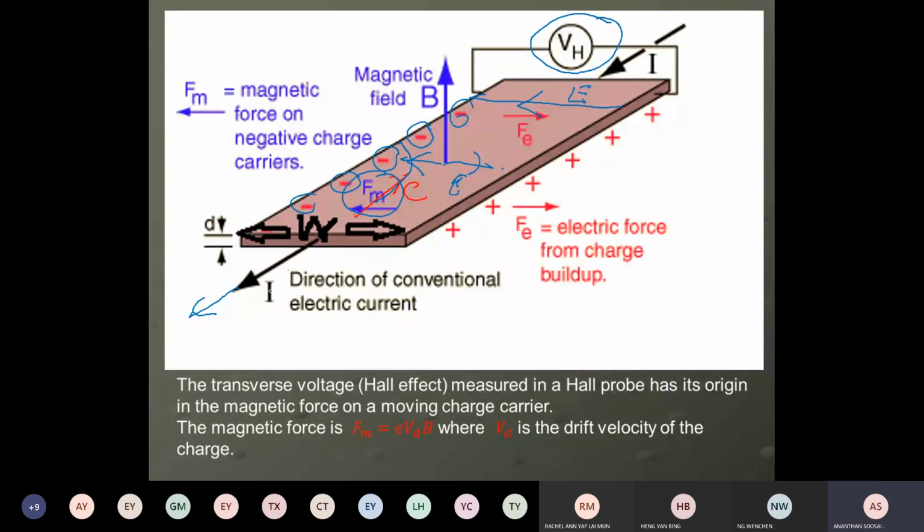The transverse Hall voltage is measured with a Hall probe, a device for measuring this Hall voltage. It originates from the magnetic force on the moving charge carrier.